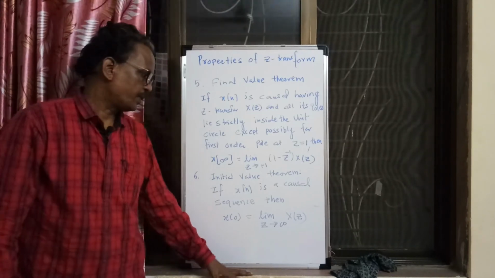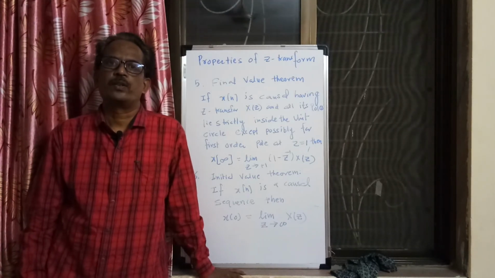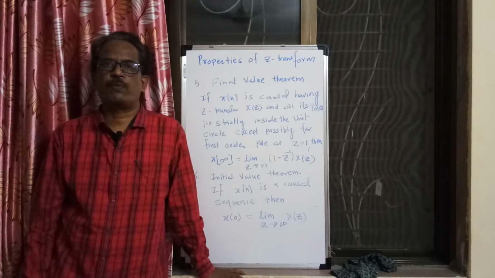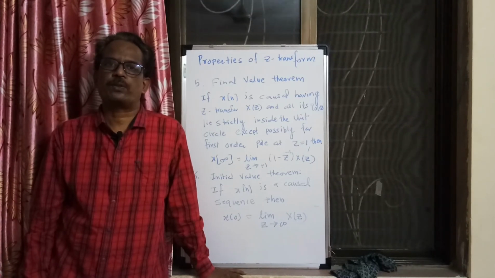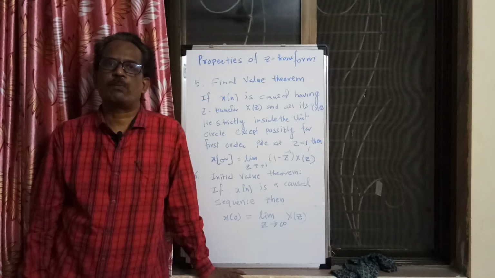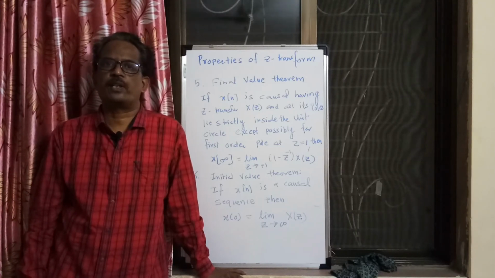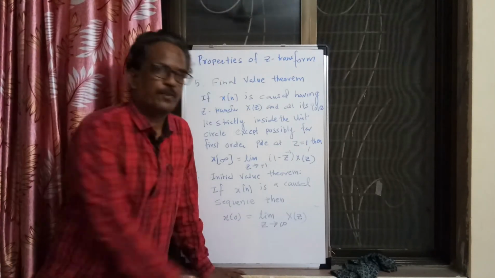So if you observe that Z transform and put limit z equal to infinity, what happens? The first term is x0, multiplier is 1, second term x1 z raised to minus 1, third term x2 z raised to minus 2, x3 z raised to minus 3, x4 z raised to minus 4. So the first term does not have the multiplier z inverse, but the rest of the terms of this X of z have z inverse.